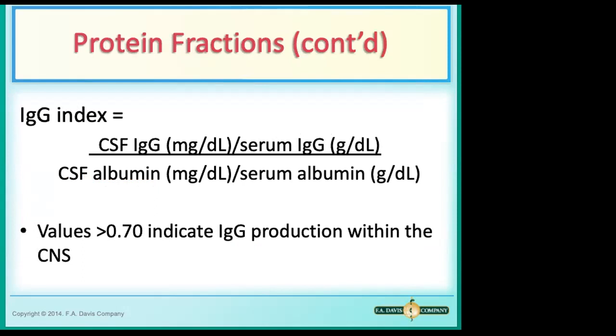It's actually a comparison of the CSF serum albumin index with the CSF serum IgG index. And this compensates for any IgG that is entering the CSF via the blood-brain barrier. It is performed by dividing the CSF serum IgG index by the CSF serum albumin index, as you can see here in this formula.